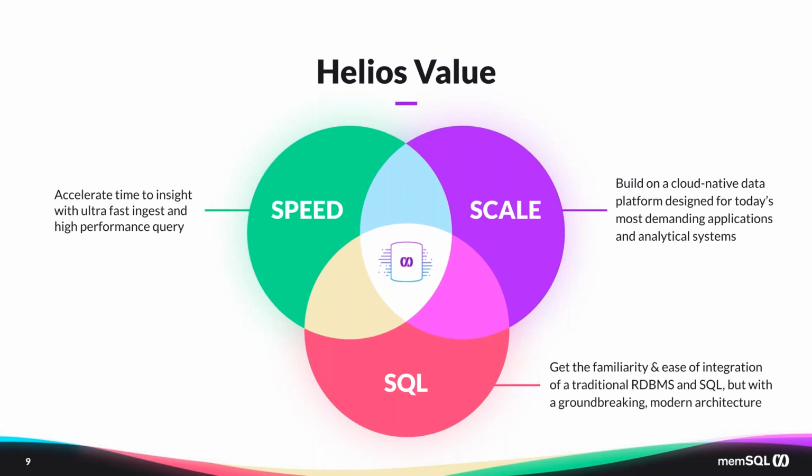That scale that you saw, the ability to create very large clusters, very small clusters, scale up and down elastically using Helios. And then all we used was a traditional SQL language to access that complex data. So it's very easy to get speed, scale, and SQL out of MemSQL Helios.